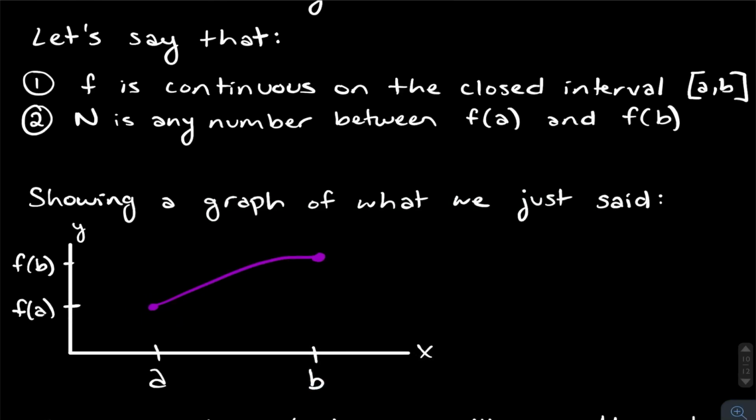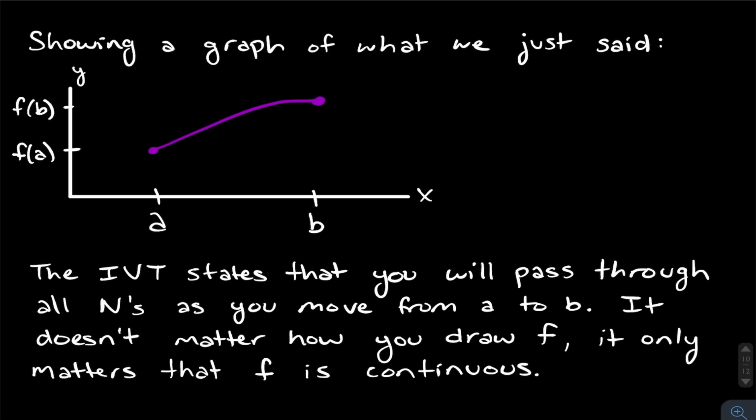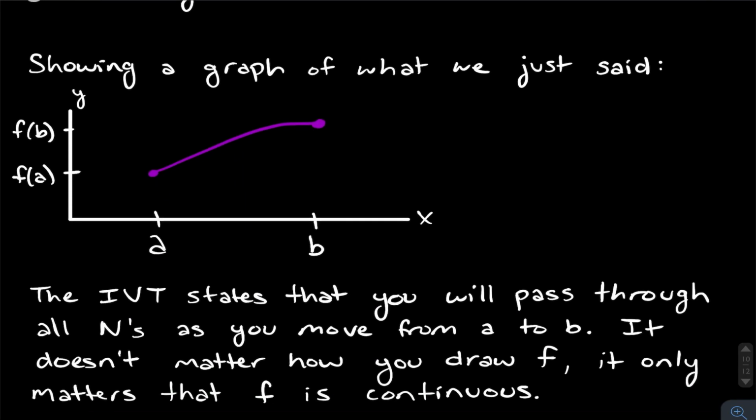And what the intermediate value theorem states is that, again, n is any number between f of a and f of b. So this is all n, right? You're going to pass through all n's as you move from a to b. It doesn't matter how you draw f, it matters that f is continuous.